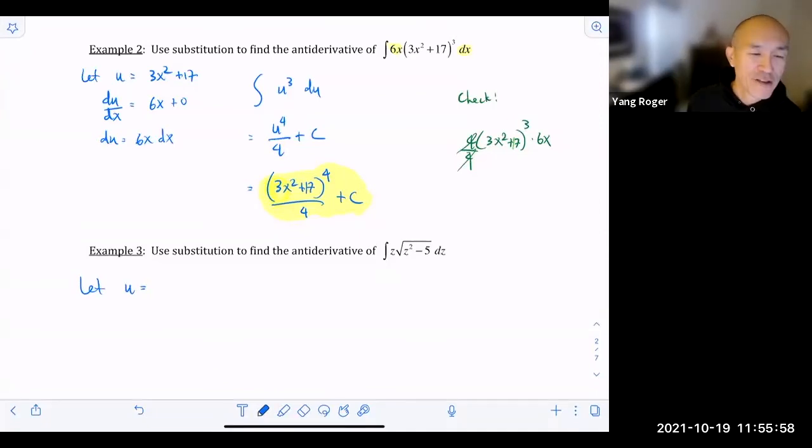Okay, Terry, why do you think u should be z squared minus 5? Do you have a good reason? Because you're right. I'm just wondering if you have a good reason. You could unmute yourself if you wanted to explain to us.